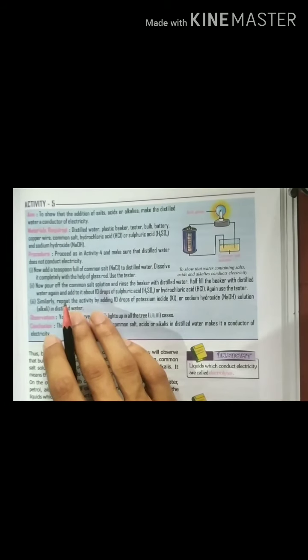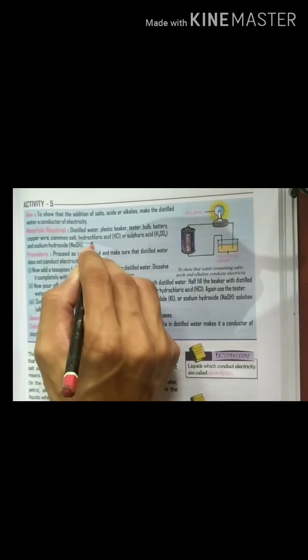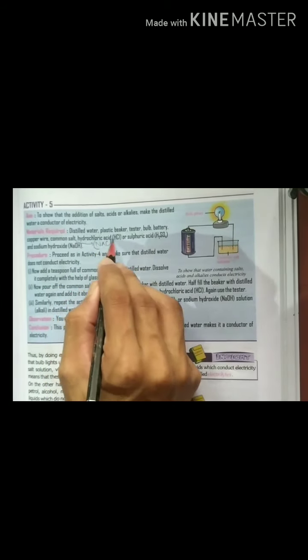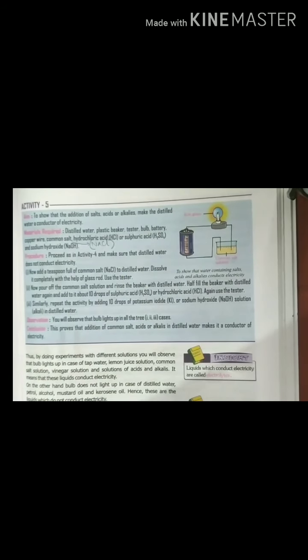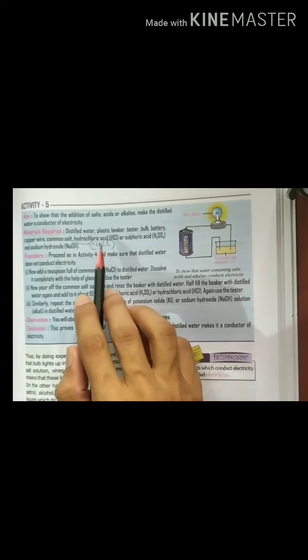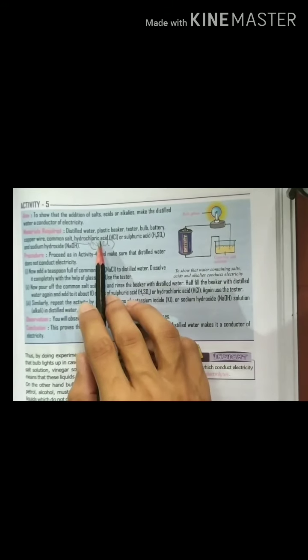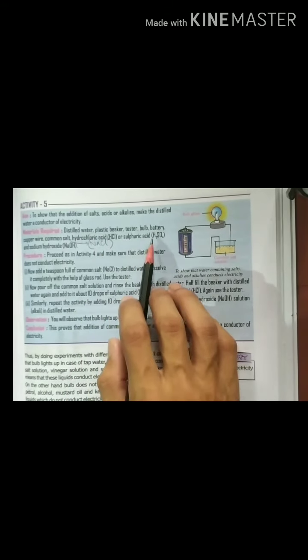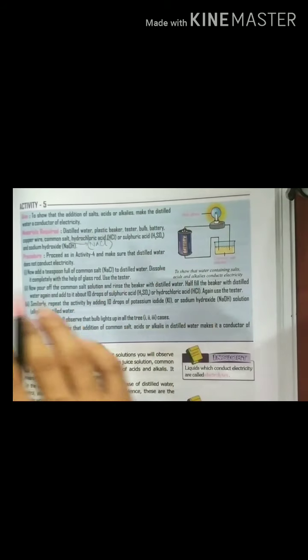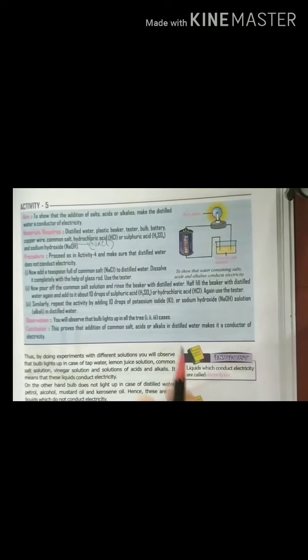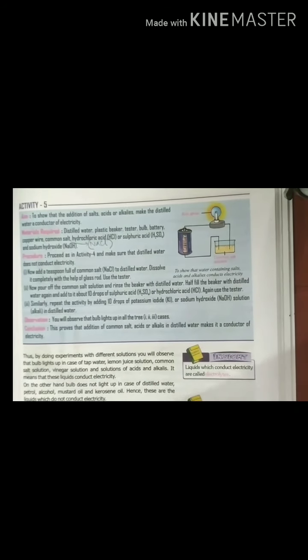Remember this, the formula for common salt is NaCl, sodium chloride, sodium and chloride mixed together. Then hydrochloric acid, HCl, or sulfuric acid, H2SO4, these are acids. And sodium hydroxide, NaOH, is an alkali, a base.